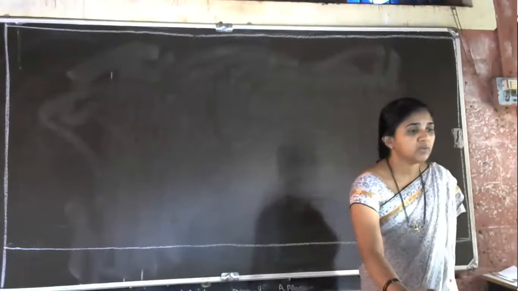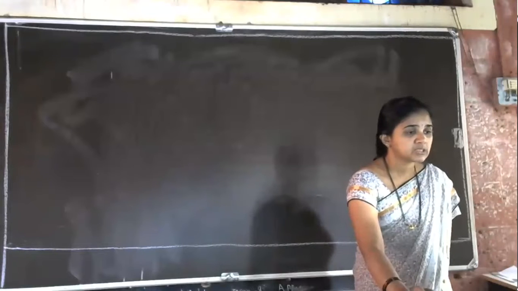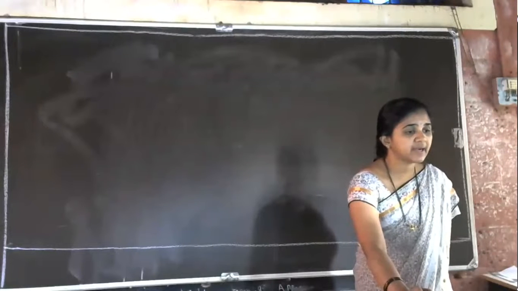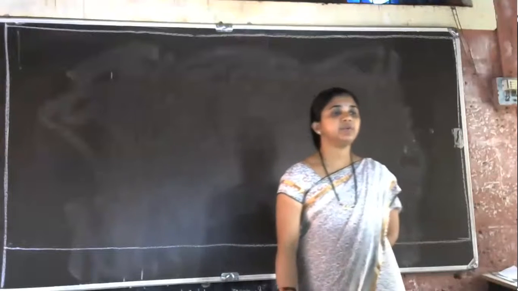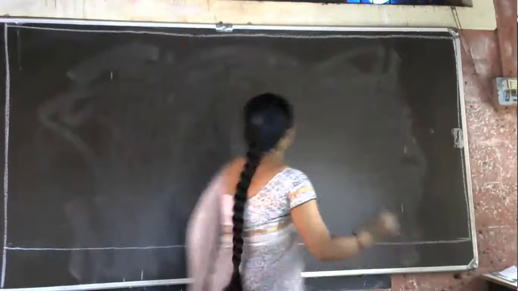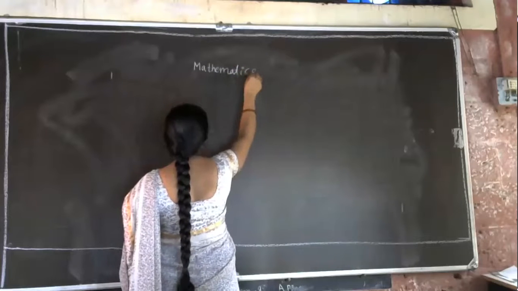Now the question for Karthik Hegde. Can you define AA similarity criteria, Karthik? Three angles of a triangle are equal to the three angles of another triangle. So they are said to be congruent. Congruent? Equal. Congruent or what?